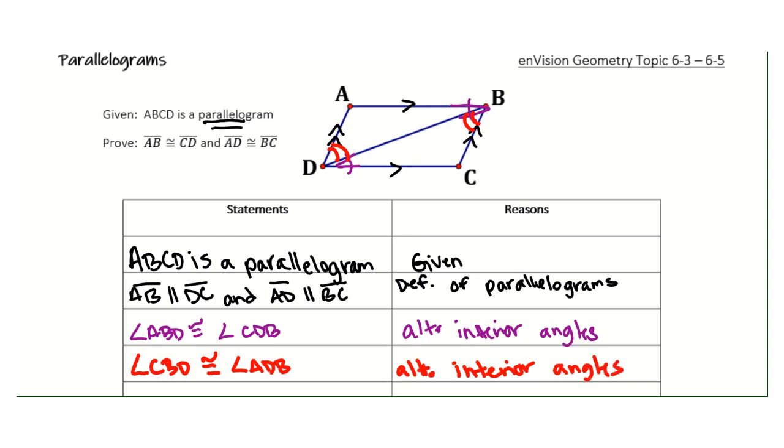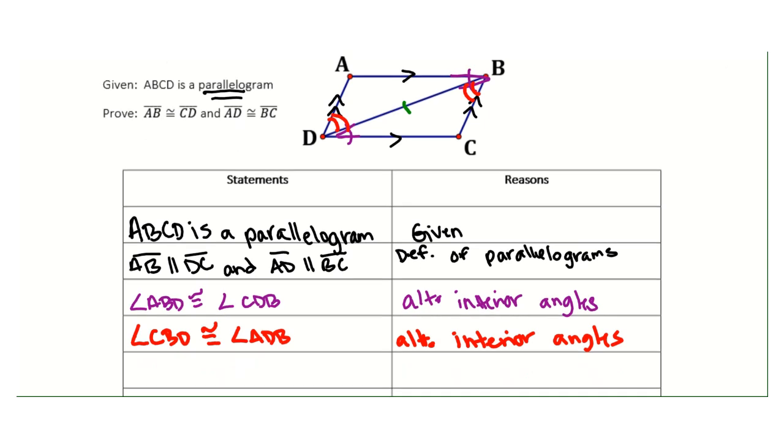All right, what else do we know? Well, I can prove that these line segments are congruent if I can prove that this triangle right here is congruent to this triangle right here. And right now for each of the triangles, I have an angle and an angle. Do I know anything about any of the sides? Well, sure, I know that this side is congruent to itself.